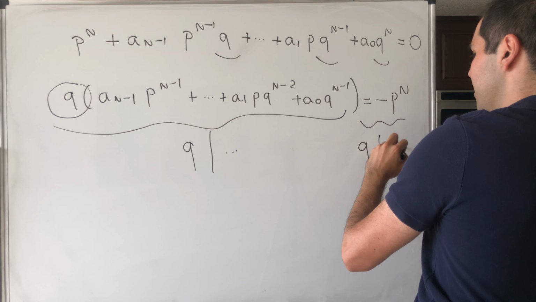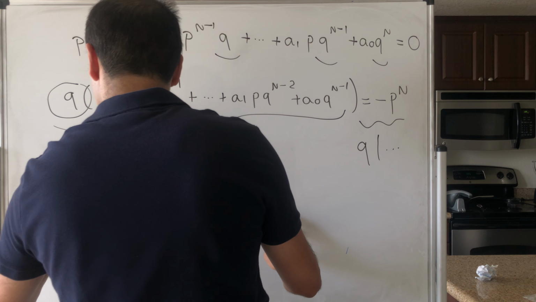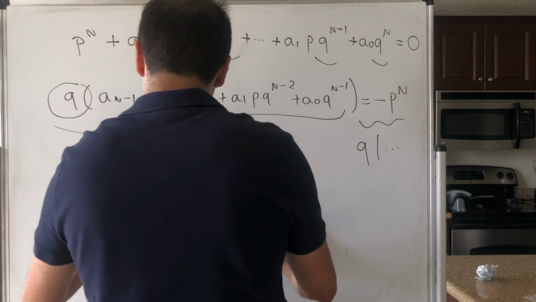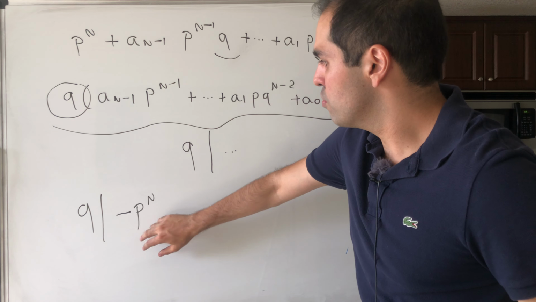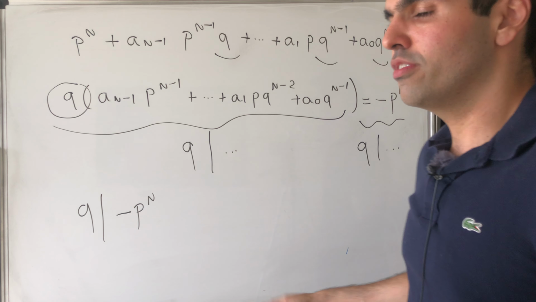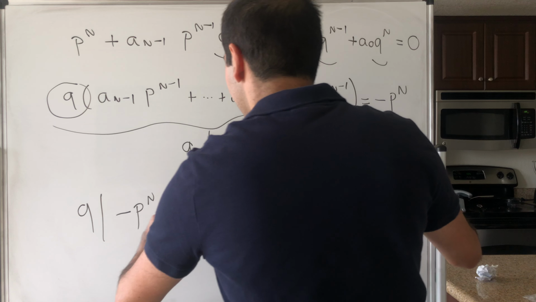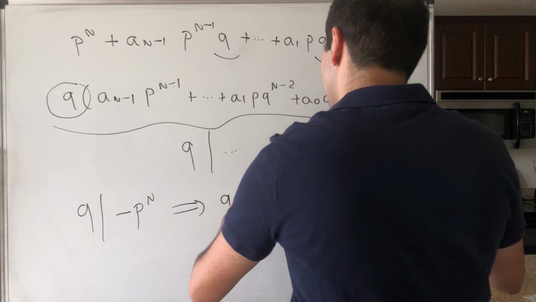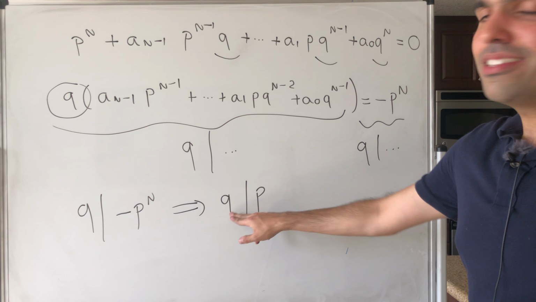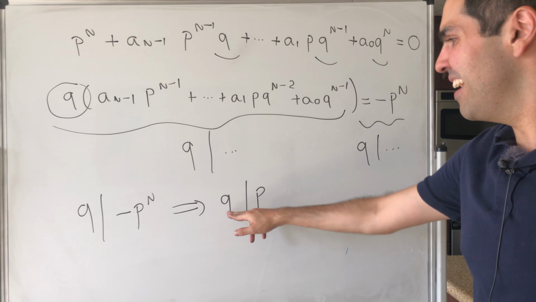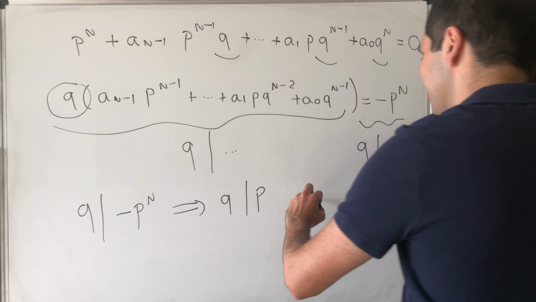So q divides minus p to the n, but because p and q have no factors in common, this implies that q divides p, but then this doesn't make sense because we said p and q have no factors in common.